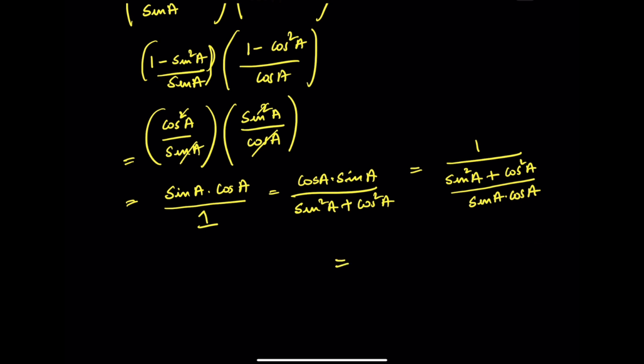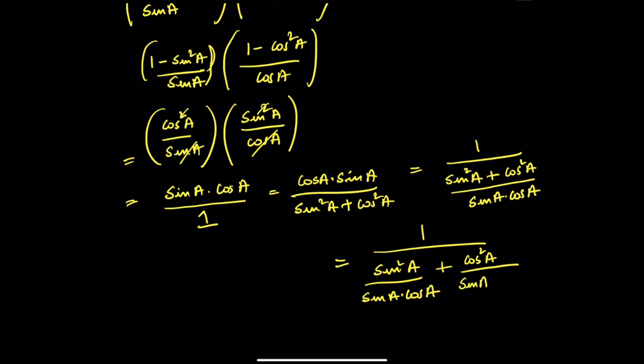We would get 1 by (sin square A divided by sin A cos A plus cos square A divided by sin A cos A). Now we can cancel one of the sin values, and in the other part we can cancel one of the cos values.